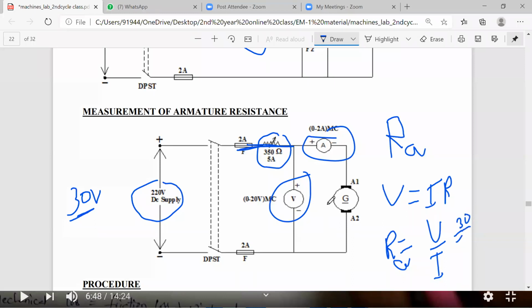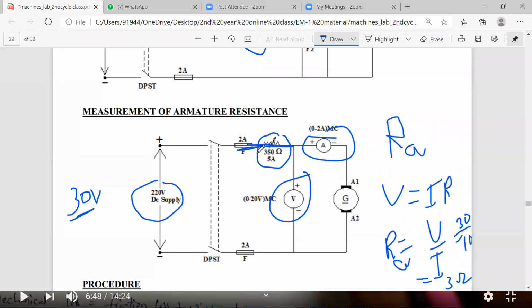Suppose the ammeter measures 10 amperes. So this is equal to 3 ohms resistance. In this manner, armature resistance is measured. This method is called the ammeter voltmeter method for measuring the resistance of the armature.